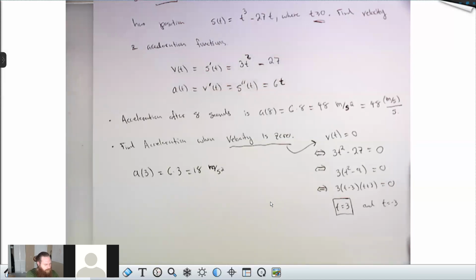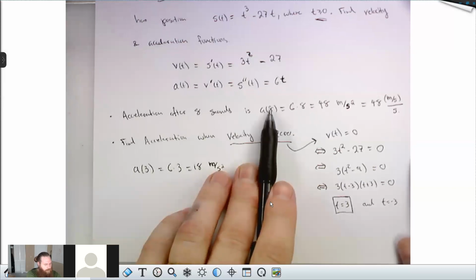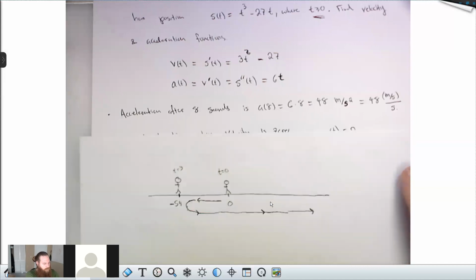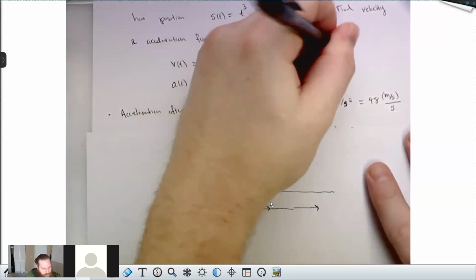They asked us to calculate the acceleration at this moment. They also asked us to calculate the acceleration at 8 seconds. So let's see, what's our velocity at 8 seconds, just out of curiosity? What is v of 8?